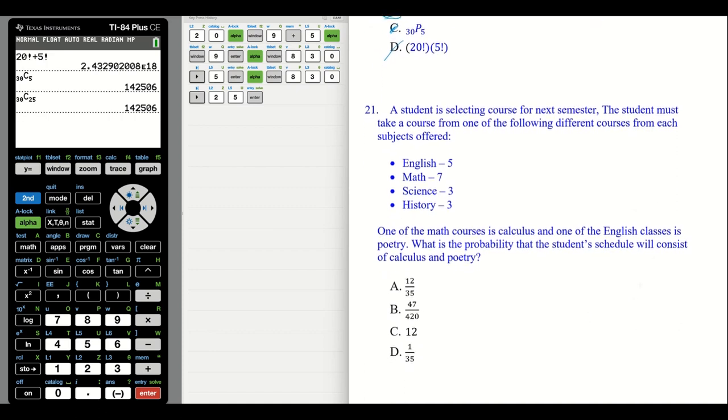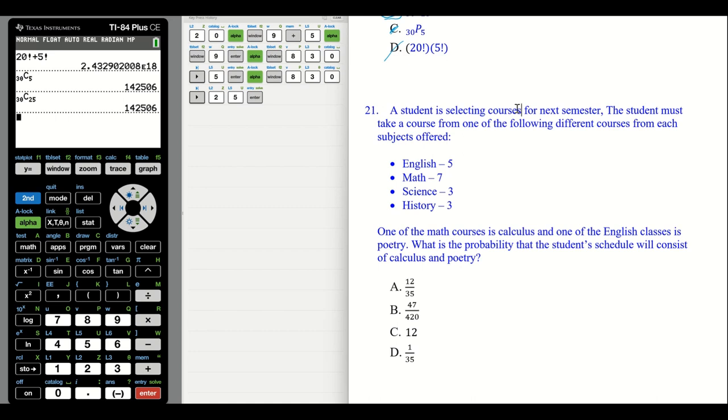Okay, number 21. I think this is, yes, our last practice question. A student is selecting courses for next semester. The student must take a course from each of the different subjects offered.